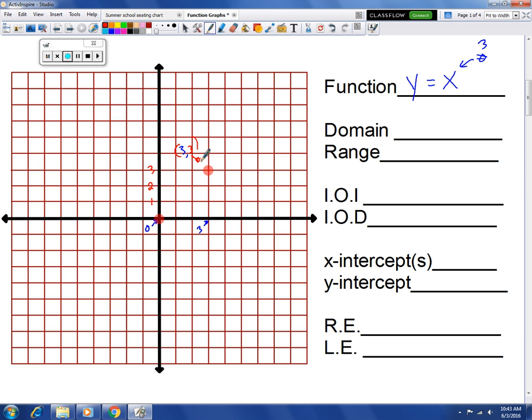Okay, so let's pick another x value. Let's pick x equal 8. Okay, so way over here is x equal 8. Well again, if x is 8, y is 8. So go up here. Let's see, 4, 5, 6, 7, 8. Where the blue 8 and the red 8 meet, that's where we put the point.